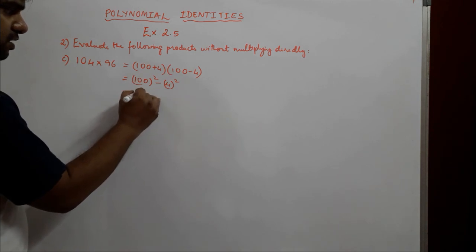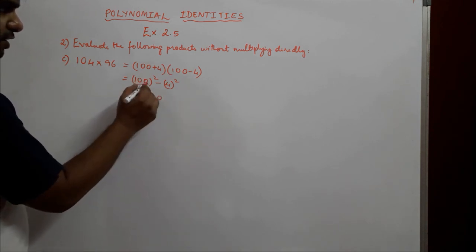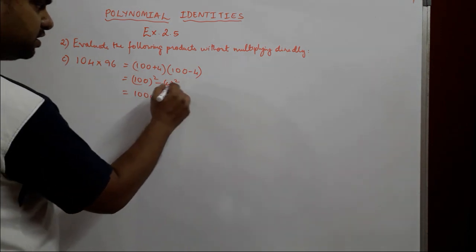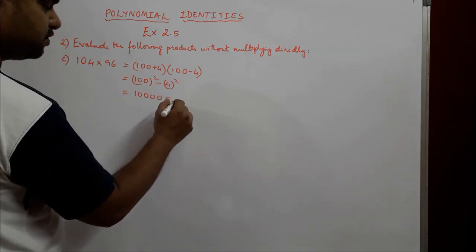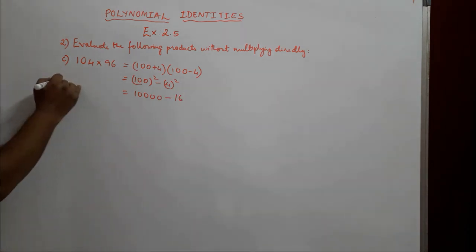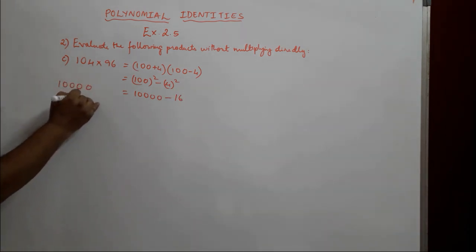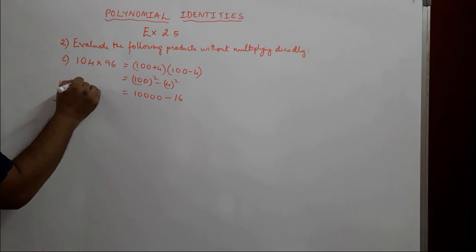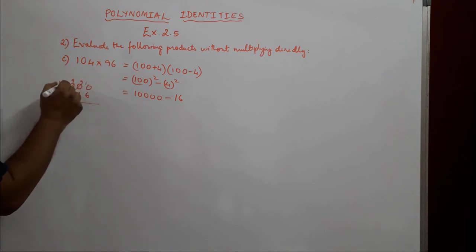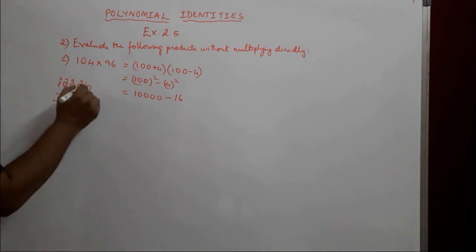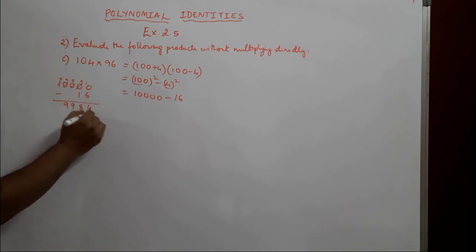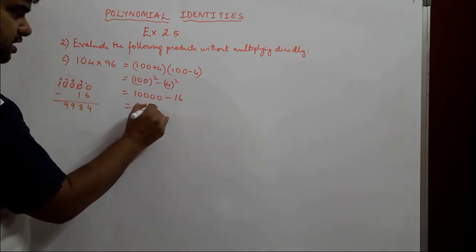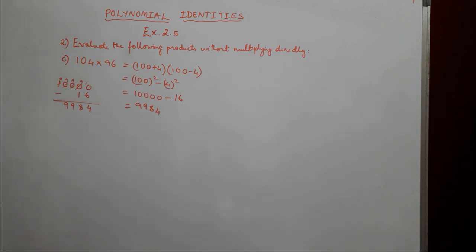So this will be 10,000, because 100 into 100 is 10,000, and minus 4 square, that is 16. If you want, you can subtract it and see what you get. 10 we get here, we cancel this, this will become 9, this will become 9, this will become 9, this will become 0. 10 minus 6 is 4, 9 minus 1 is 8, and then we have 9 and 9. So 9984 is our answer. So easily you can solve the problem.